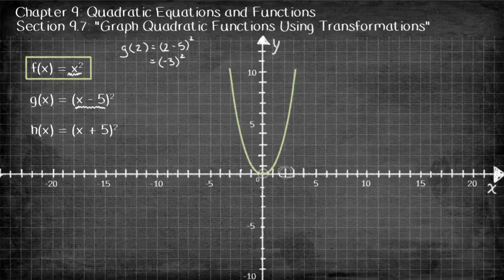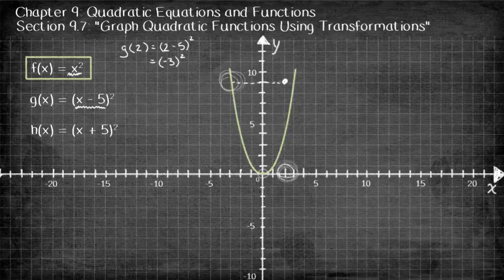Let's circle the x value that we're plugging into g of x. But the y value that we get is the square of negative 3, which is the same height as when you plug negative 3 into the original function of x squared. So we're taking that value and we're moving it over to 2.